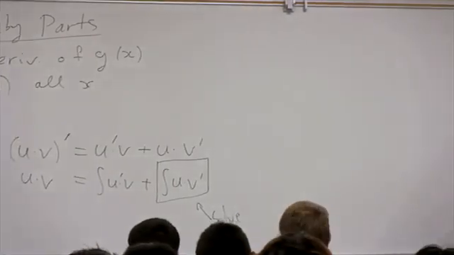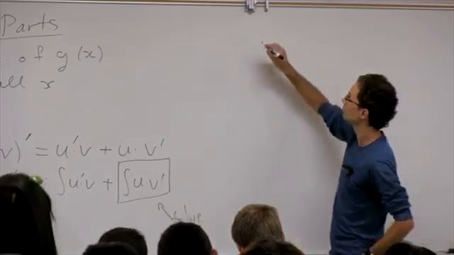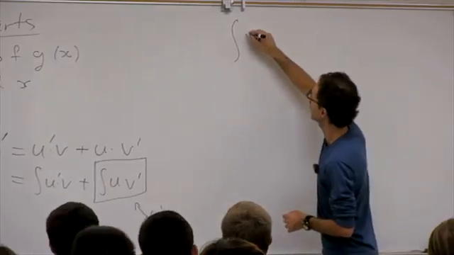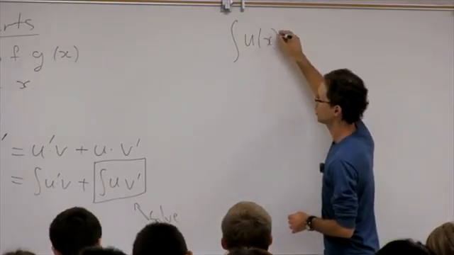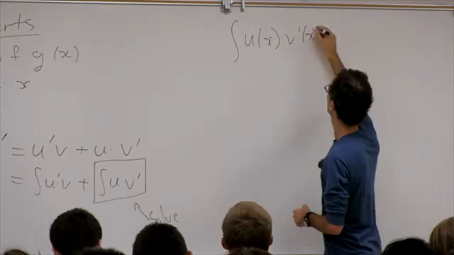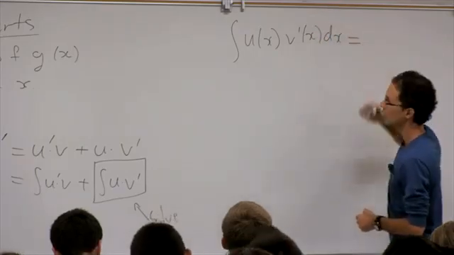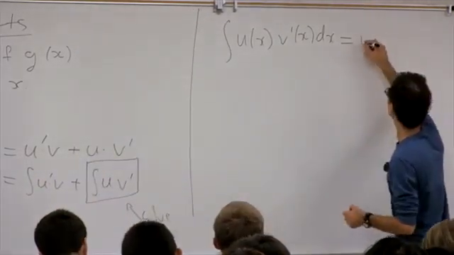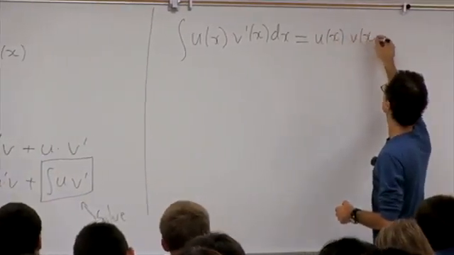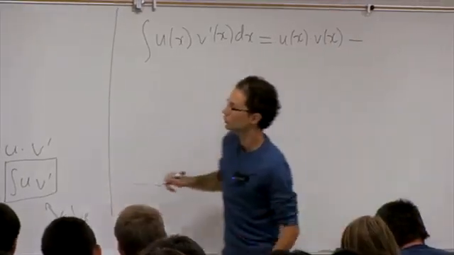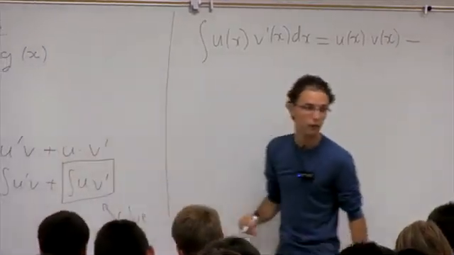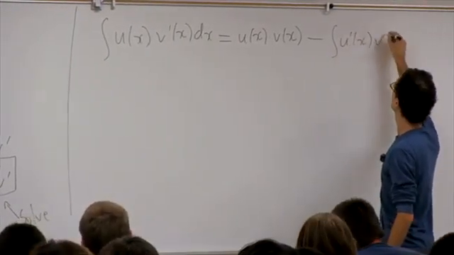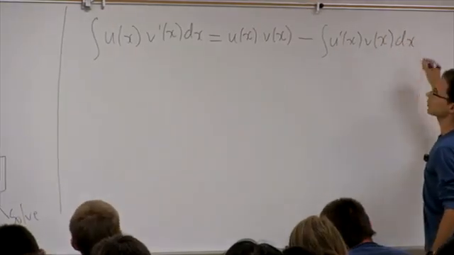If u and v depend on the variable x, we get the integral of u of x times v prime of x dx equals u of x times v of x, minus the antiderivative of u prime of x times v of x dx.